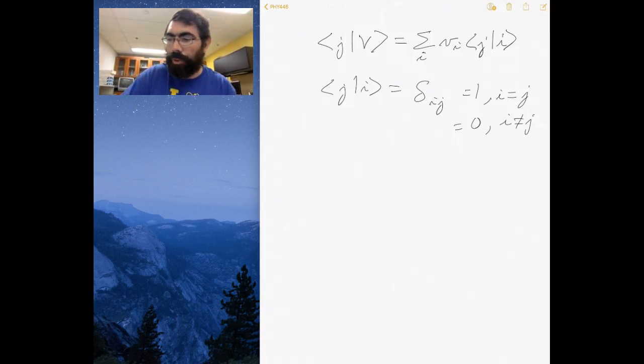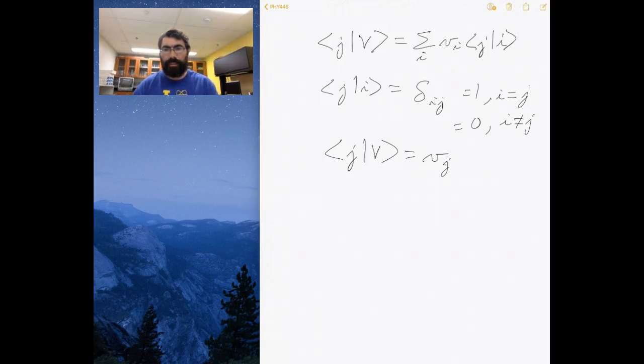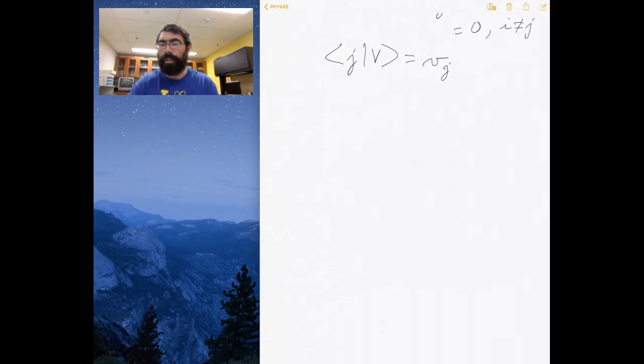So what I get out of this whole thing is the j coefficient. All other axes have now canceled out. There is no projection of an axis onto any other one. So we're only looking at when j falls on the j-axis. Therefore, we only get that coefficient right there. And so this inner product of one particular axis with a vector gives us that projection. It gives us the value of that coefficient.